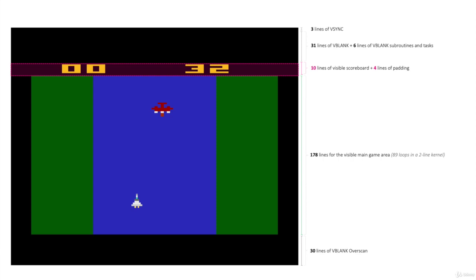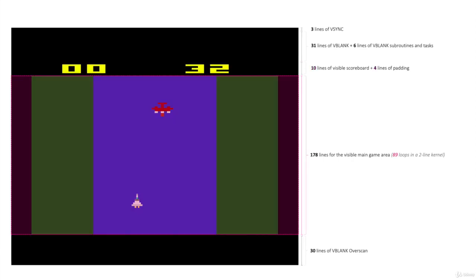That means that for the remaining part, the whole game with the playfield, terrain, players, we have 178 scan lines remaining for all this visible game area that we have. So having these 178 remaining visible scan lines, if you look at our kernel that is displaying our scan lines, we are actually looping only 89 times.